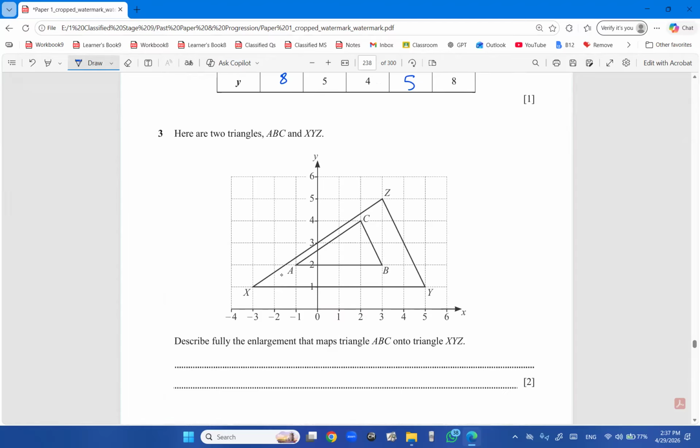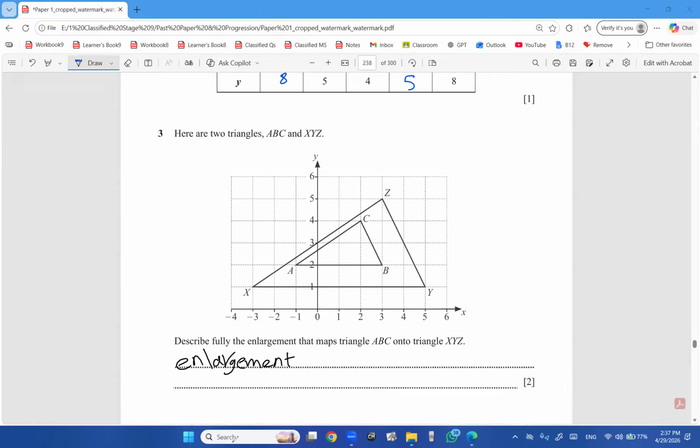In this question, they are requesting from us to describe fully the enlargement that maps triangle ABC onto triangle XYZ. You're going to find over here that in order to do that, the first thing that you must write is the word enlargement. Mister, it is already written, by the way. Yes, I agree with you. You don't need to write it.